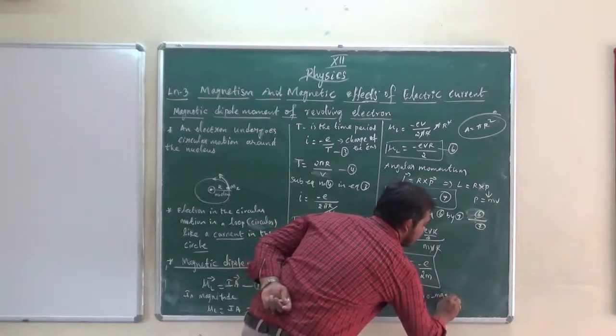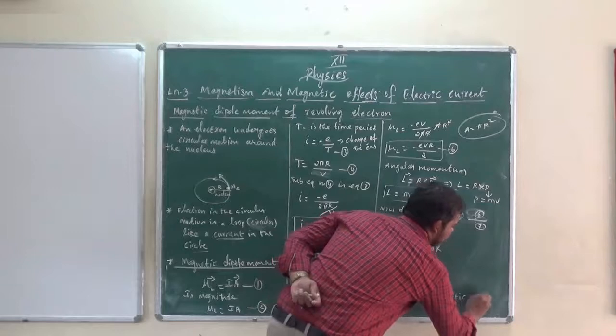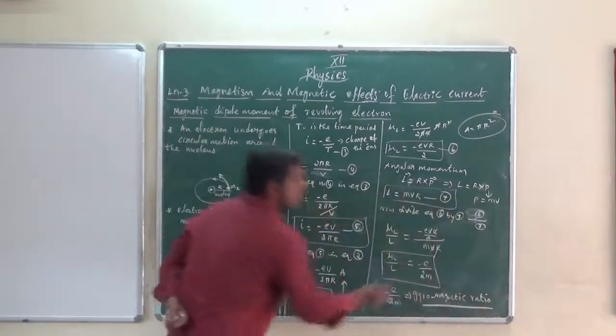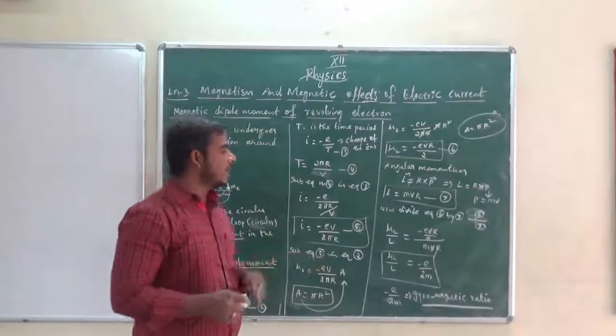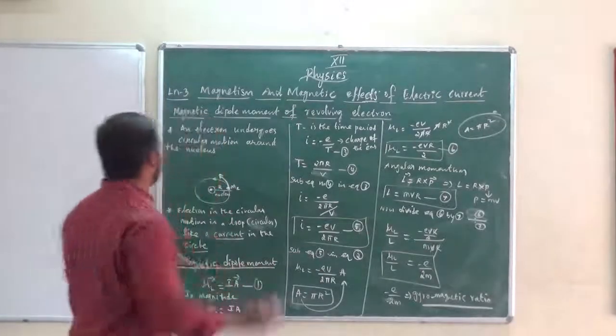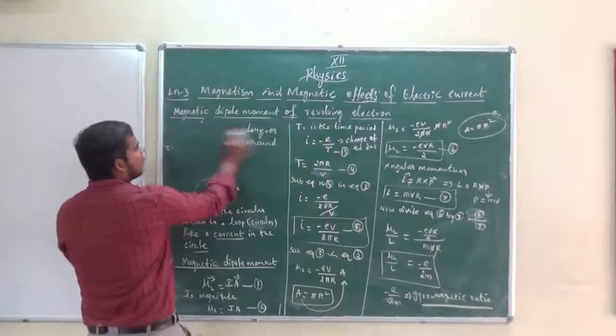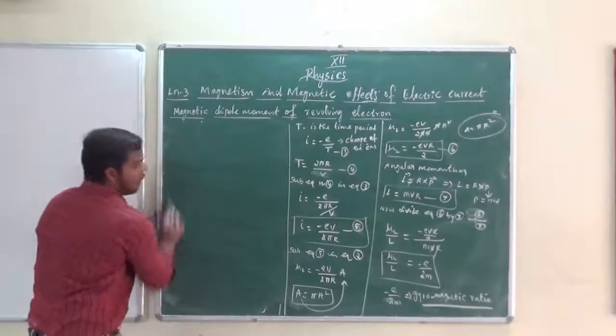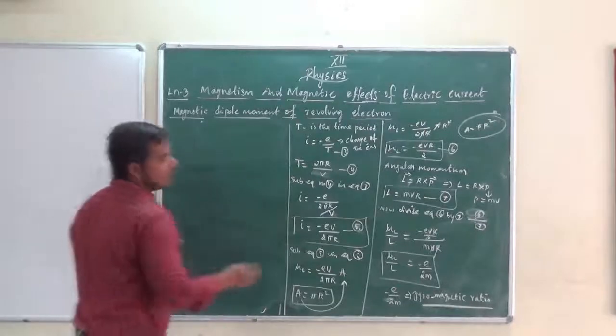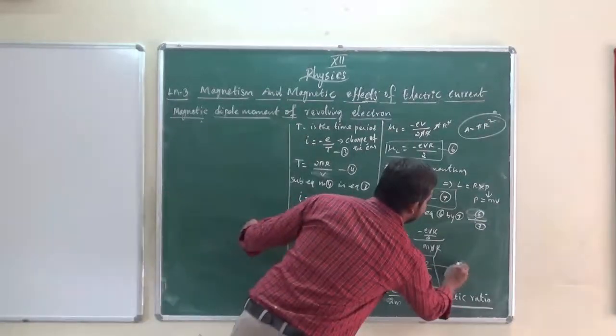What is the gyromagnetic ratio? To find the gyromagnetic ratio, consider this as equation number 8.